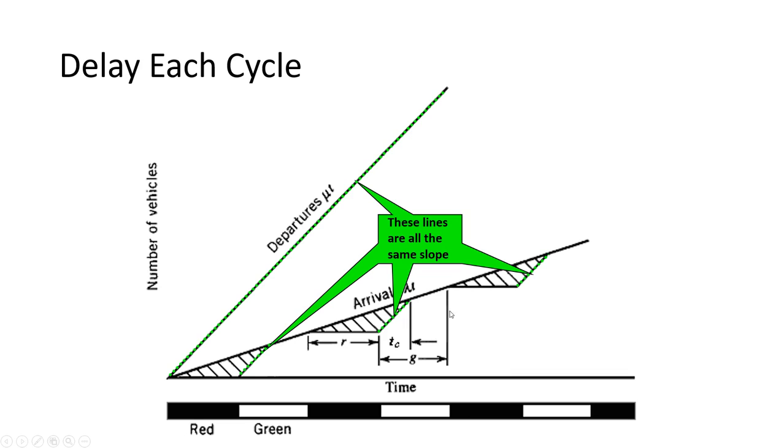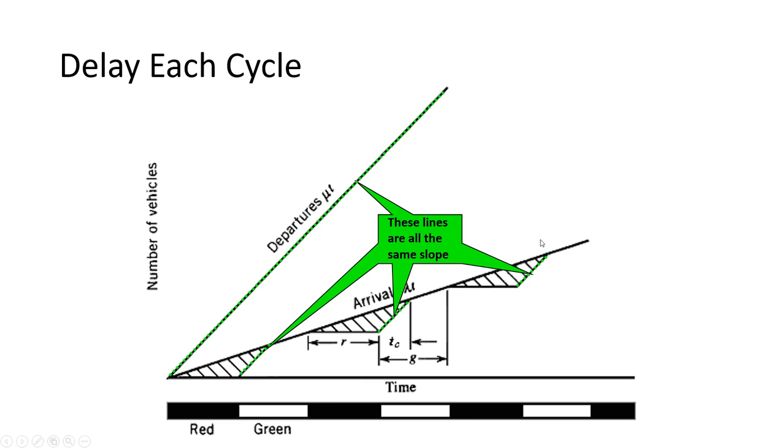One thing to note is that all of these departure rates are equal. They have the same slope, the same rate as the saturated flow rate. So this would be the departure rate if there was a ton of cars, no limited supply of cars, and there were no red lights ever on a signal, which would be odd. This is your maximum theoretical throughput, which does match the departure rates after each cycle.